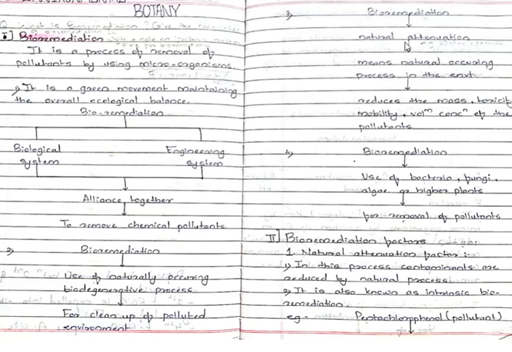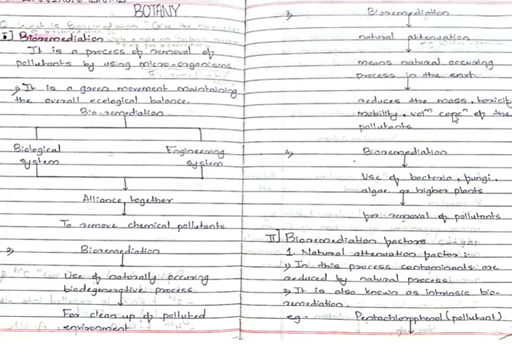Then the third principle is natural attenuation. That means this is a naturally occurring process in the environment and it reduces the mass, toxicity, mobility, volume and concentration of the pollutants.